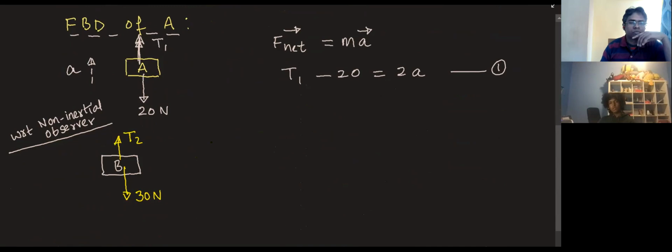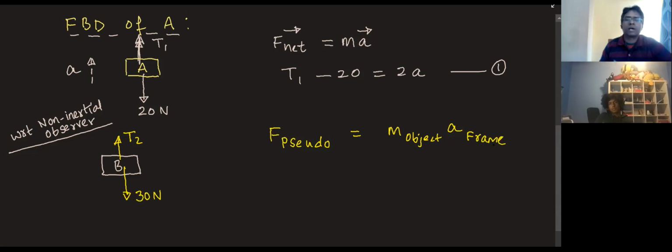See, pseudo force, I will write it here. Whenever you are applying a pseudo force, the magnitude is the mass of the object being analyzed multiplied by the acceleration of the frame. So here, what is the frame?